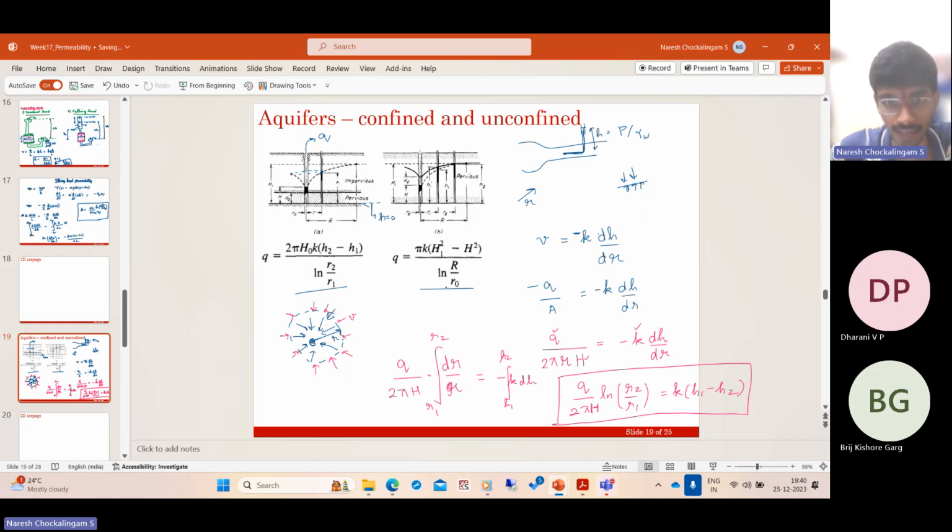So you have a minus here, which means you have a minus here. So you can write it as H2 minus H1. You have an overall minus sign multiplied, that's all. So that's basically a convention issue. H2 minus H1 and R2 minus R1 are in the same direction. So H1 is greater than H2, this is negative, this is negative, and all other quantities are positive. You can just make a simple check.